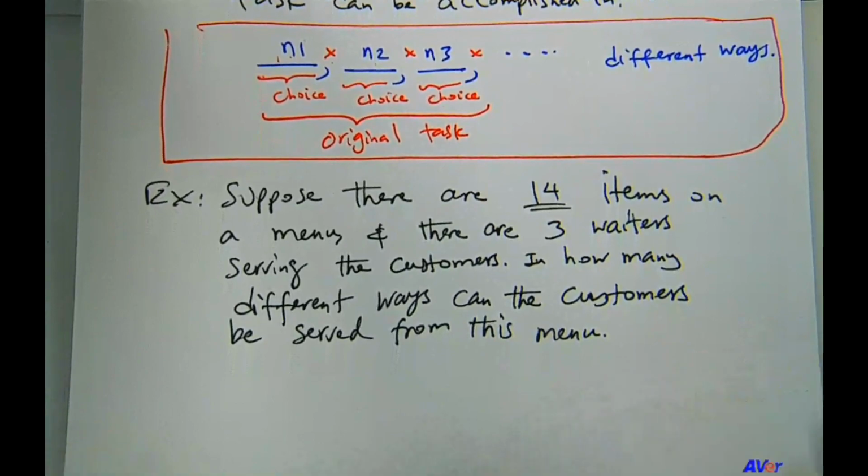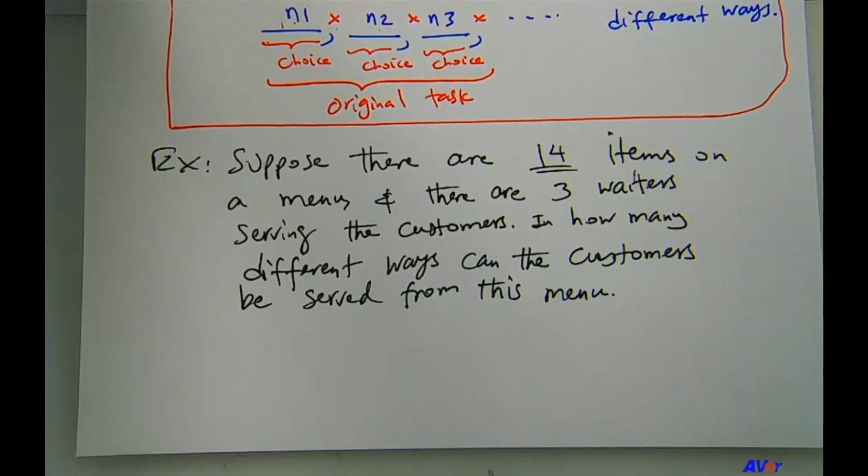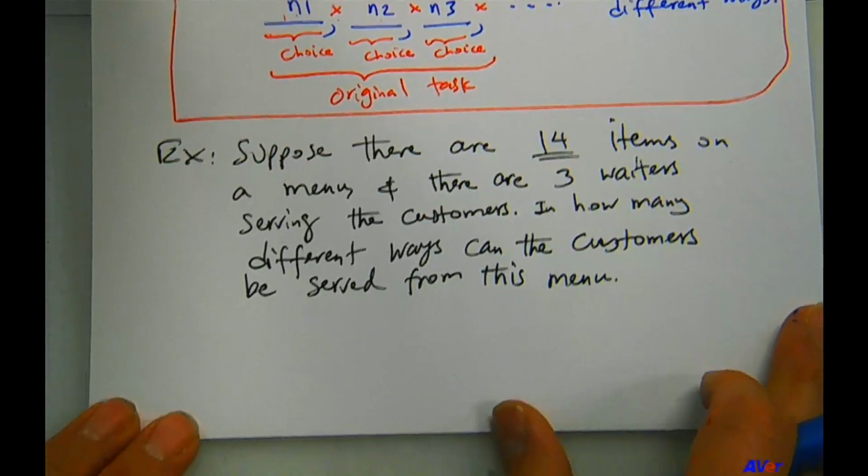Okay, so you can pick item number 7, and waiter number 1 might serve you, or waiter number 2, or waiter number 3. All of those are different ways of being served off of this menu at this restaurant. So how do we know how many total different ways are possible?